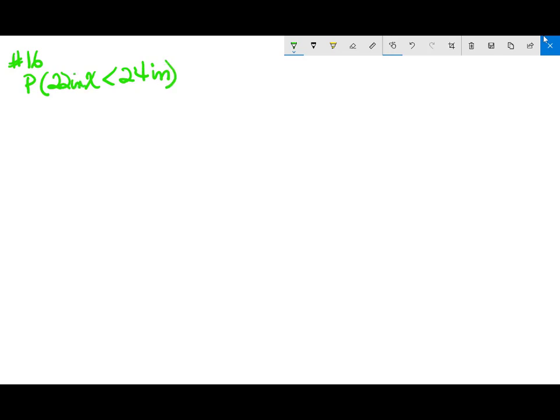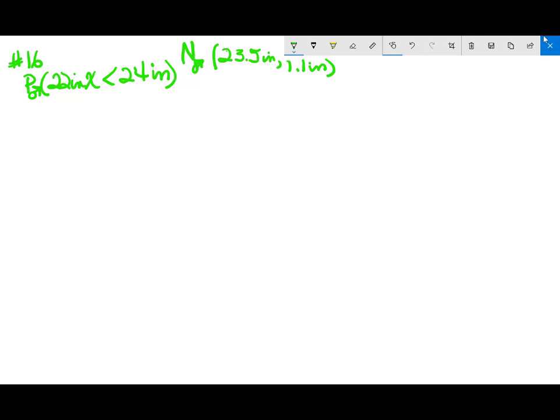We know that males have a normal distribution, and I'm just using the Latin symbol for male, with a mean of 23.5 inches and a standard deviation of 1.1 inches.